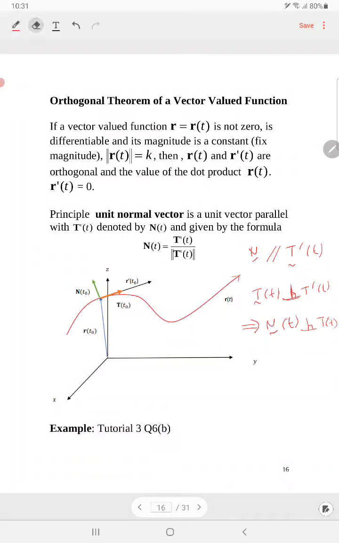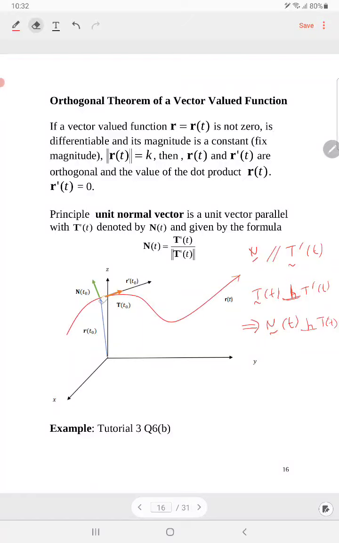So here, let's say you have a vector function R(t), and here we have the position vector R at t naught, a tangent vector, and a unit tangent vector.